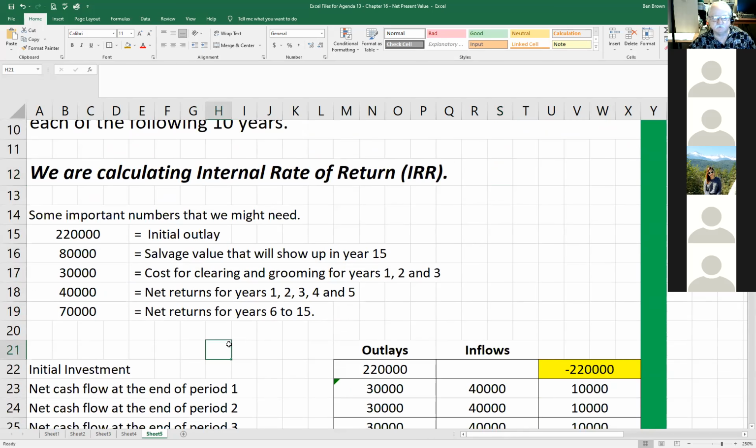So I've sorted out the numbers we're going to need. The 220,000 is the initial outlay. The 80,000 is the salvage value that will show up in year 15. 30,000 is the cost for clearing and grooming for years 1, 2, and 3. 40,000 are the net returns for years 1, 2, 3, 4, and 5. And 70,000 are the net returns for years 6 to 15.